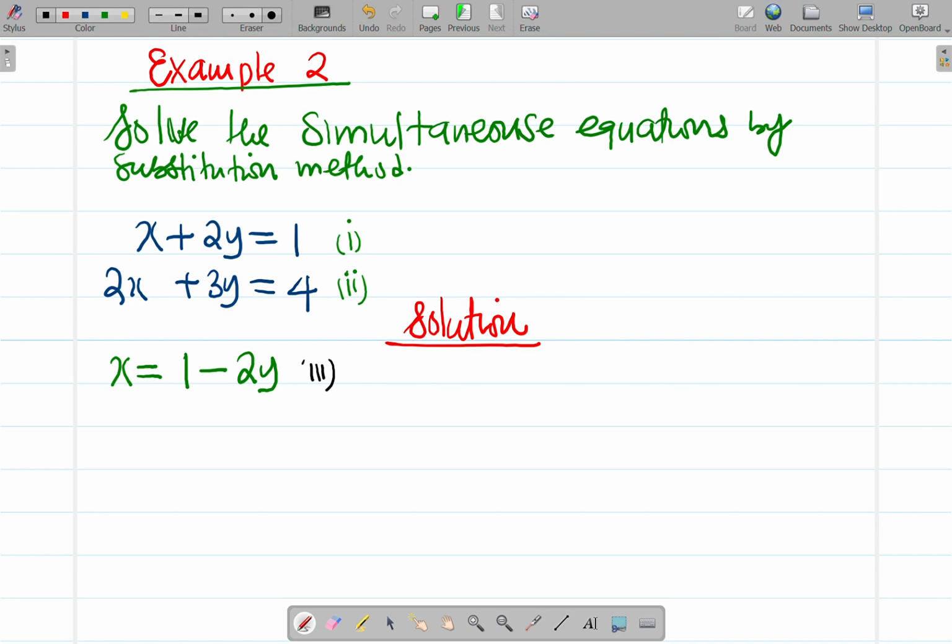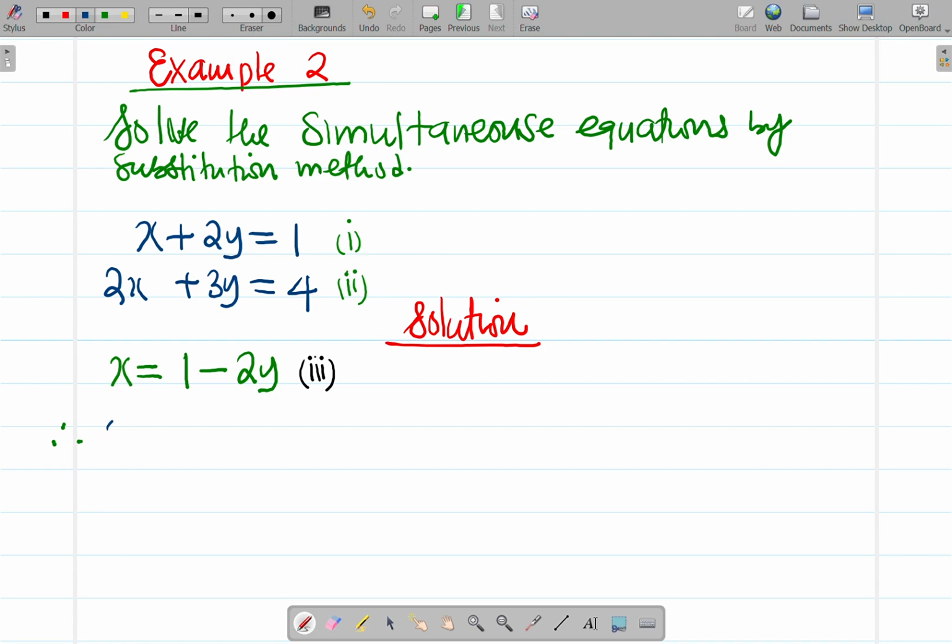Very, very important, your equation 3 there. So we've made x the subject. This is positive, and when it crosses this equal sign to come this side, it will be a negative. Now we can substitute this in equation number 2, where we are seeing x, with that equation there. So let's substitute in equation 2.